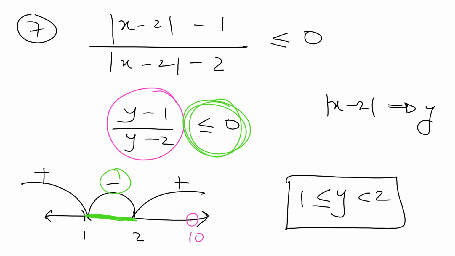Is this the end of the solution? No, so you have to put modulus of x minus 2 as y, and then solve further. Correct. Good. Only 1 or 2 kids are replying. Others are sleeping, it seems. So, clear?